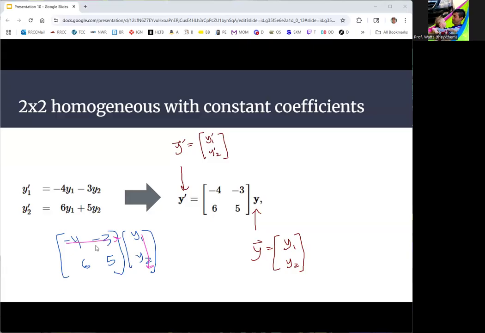So you get -4 times y1, and then -3 times y2, right? And that matches up with that. And in the second row, you would do the dot product with the second row and then the same column.